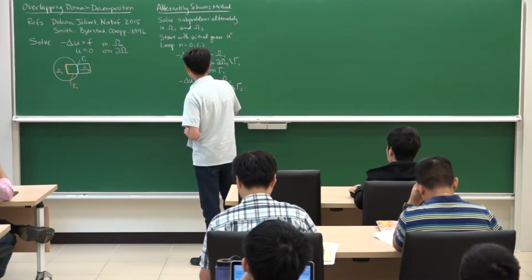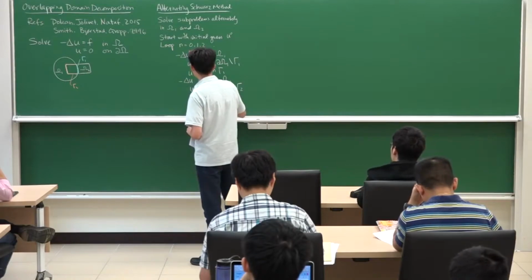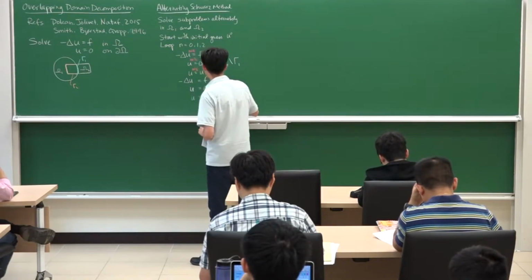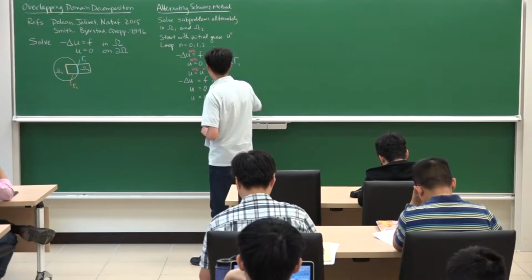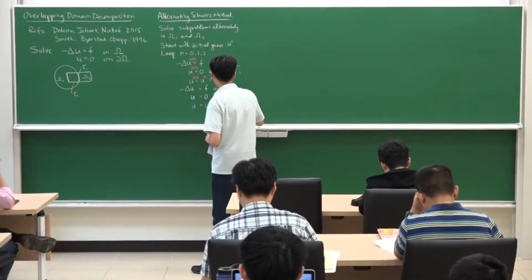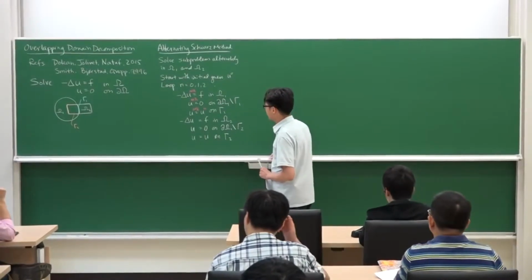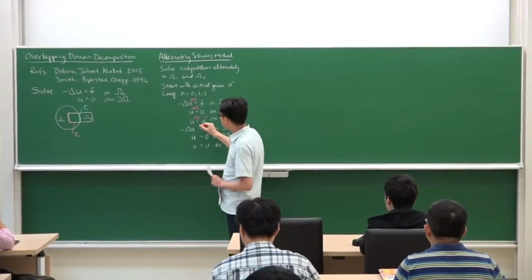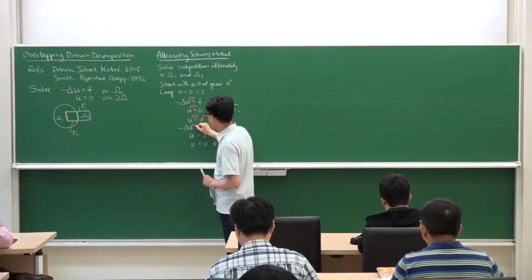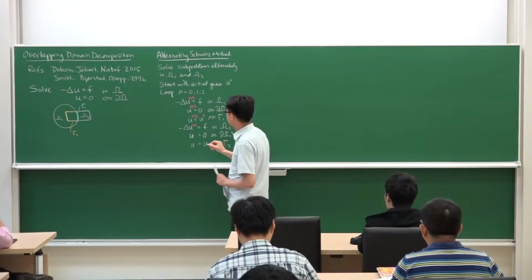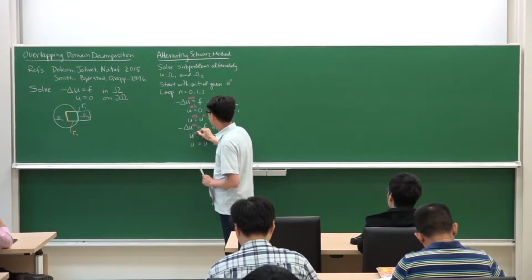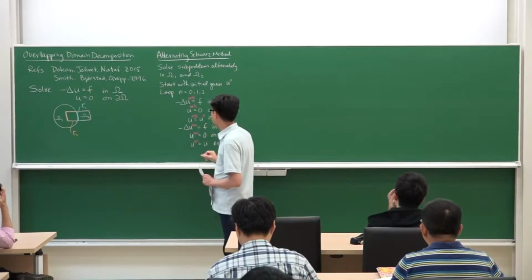And like before, u is going to be equal to some previous u on gamma 2. Okay, and let's call this n plus 1.